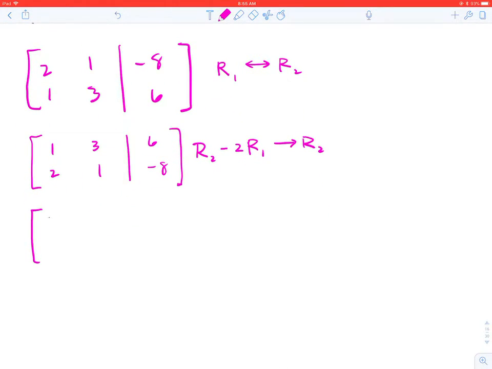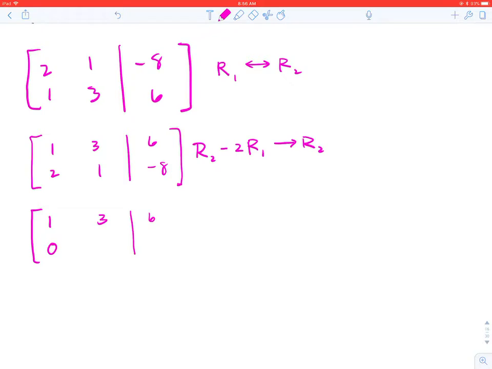Okay, so our new matrix will still have row 1 as 1, 3, 6. Row 2, this element here will be 2 minus 2 times 1, so times this element. So that will end up being 0.